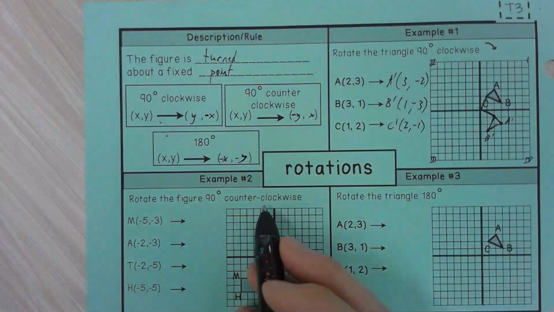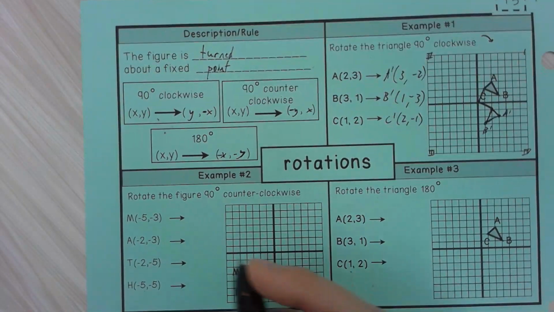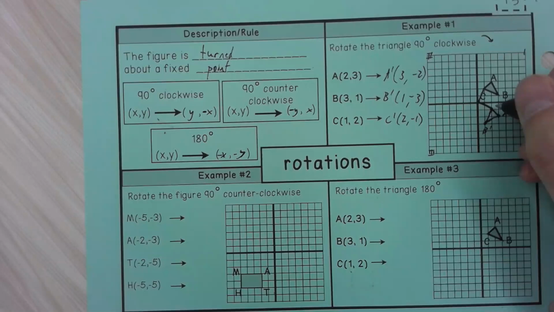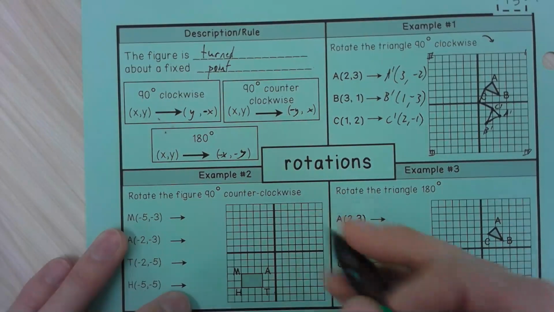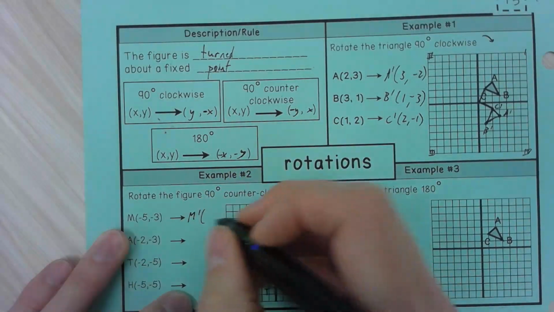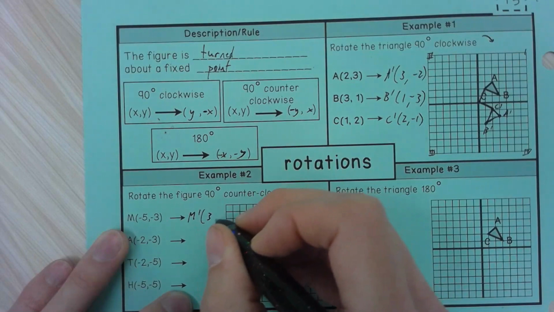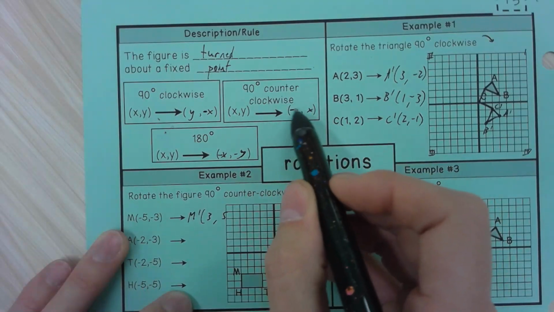So for this second example, rotating 90 degrees counterclockwise. Going counterclockwise, M is going to become M prime, and we're going to switch x and y. And according to this rule, we're going to make the y its opposite.